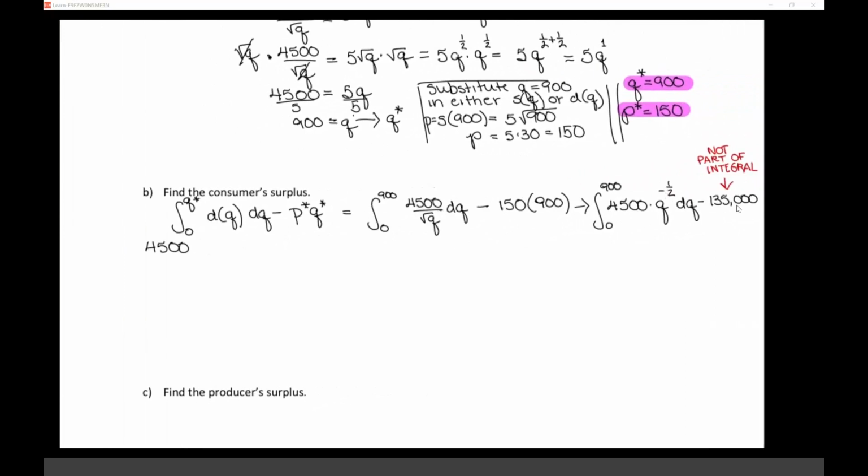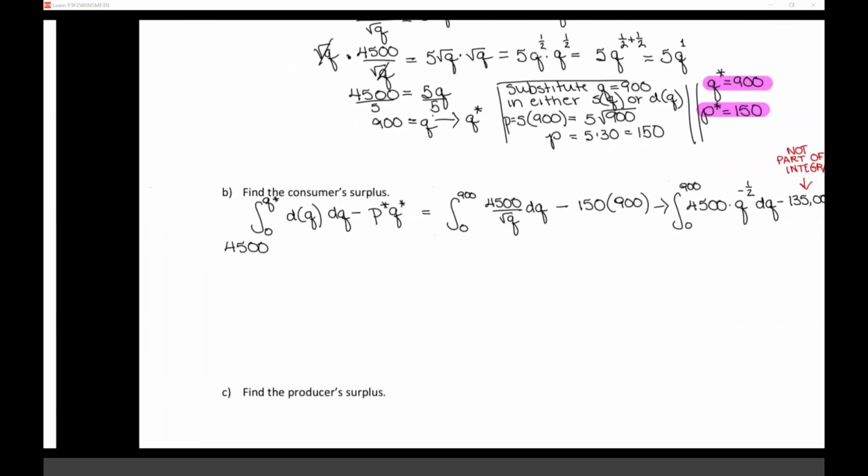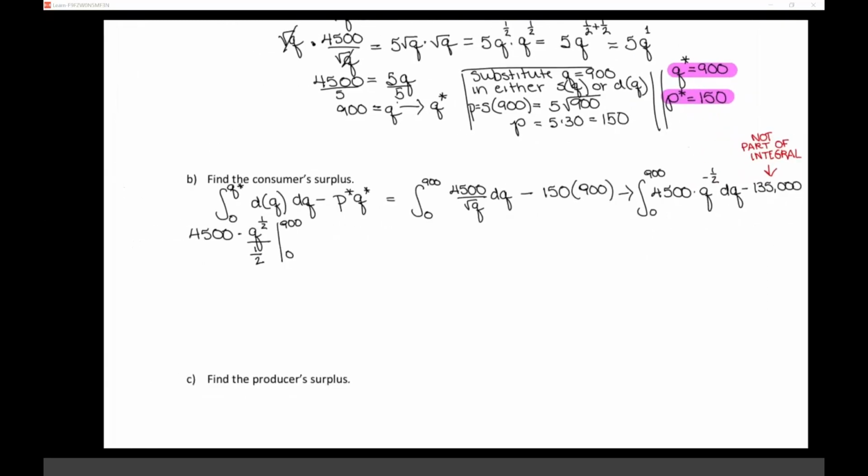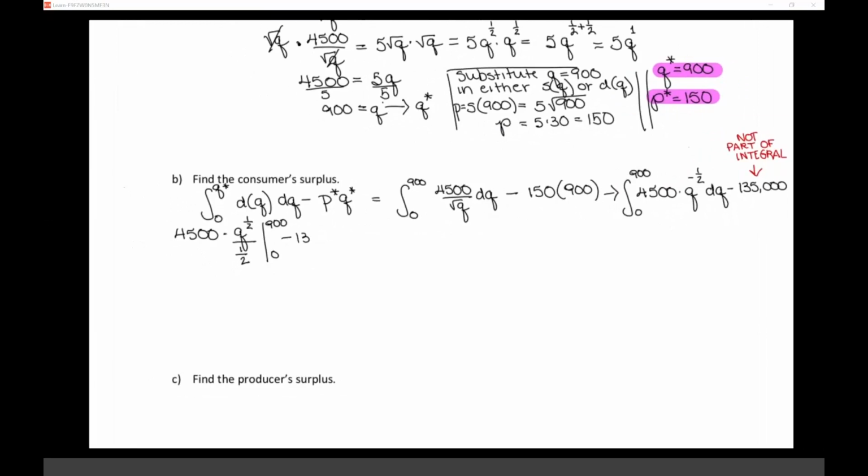If I have negative 1/2 and I add 1, I wind up with positive 1/2, and that's over the new exponent. And that gets evaluated from 0 to 900. So that's the integration. Let me not lose the minus 135,000.